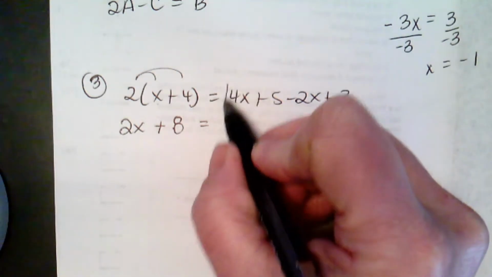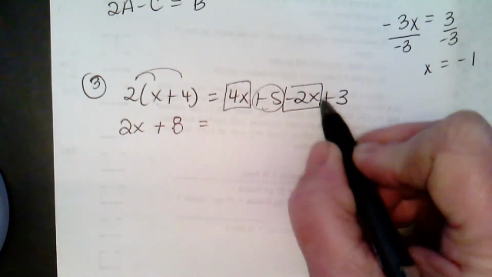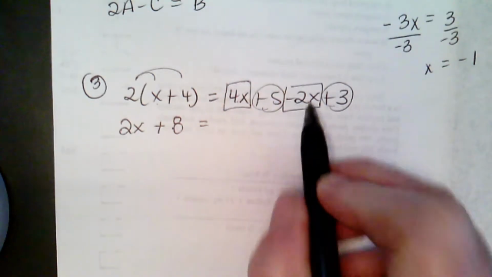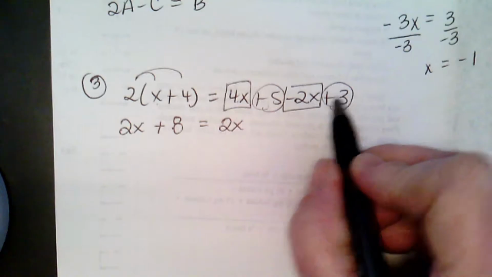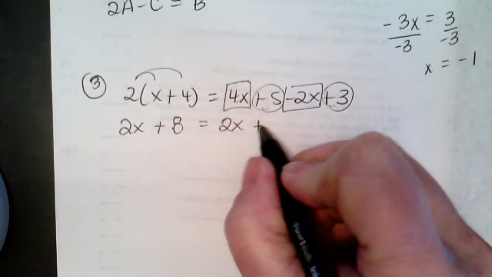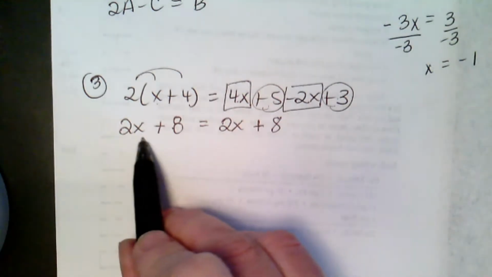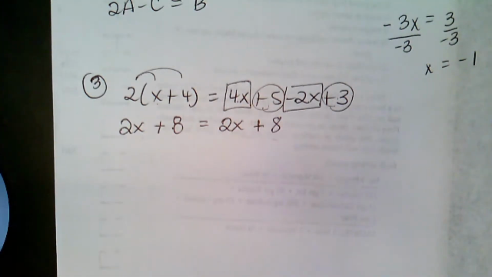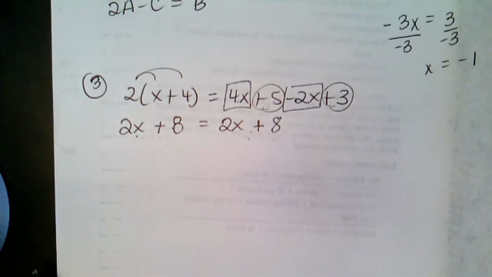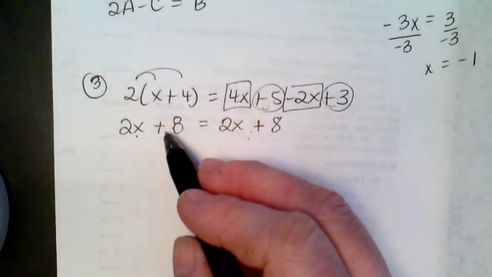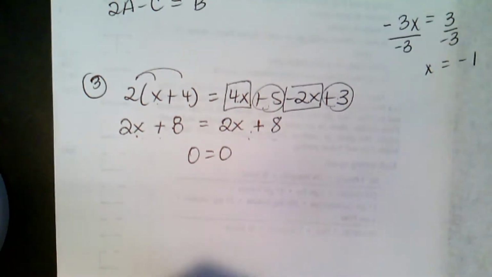On this side, we can combine our variables and our constants. So we have 4x's, take away 2x's, we're left with 2x's. We have 5 plus 3, which is positive 8. So just like before, if you notice though, if we have the same thing on each side, then we don't have to go any further, because everything's going to cancel out and it's going to end up being 0 equals 0.